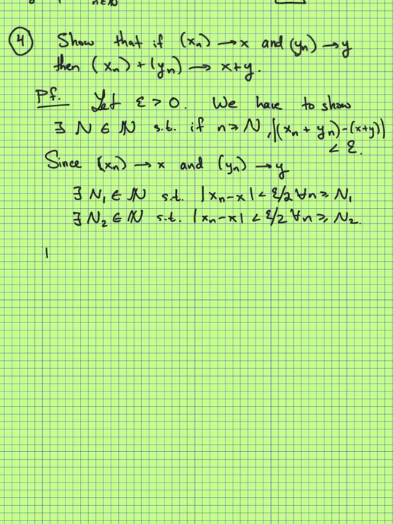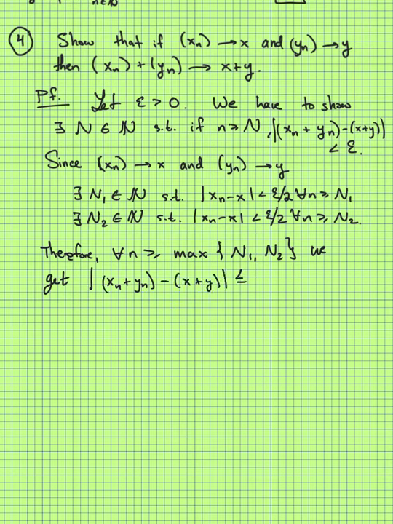Okay, so therefore, for all n which are greater than or equal to the maximum of N1 and N2, we get that the absolute value of x_n plus y_n minus x plus y is less than or equal to the absolute value of x_n minus x plus the absolute value of y_n minus y.